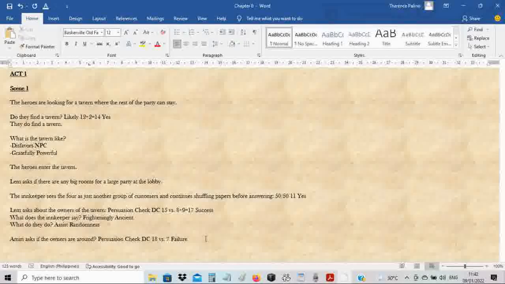So again we go to the fate chart. Let's ask, does the innkeeper's behavior change?